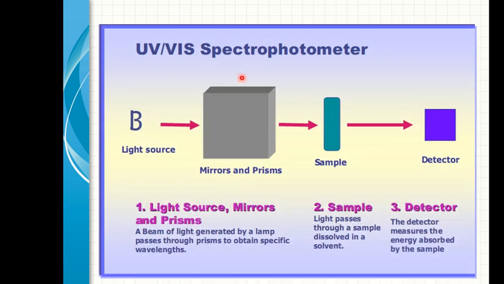This is the UV-visible spectrometer. This is the light source, this is a mirror or prism, this is the sample, and this is the detector. The light source is a beam of light generated by a lamp, passing through a prism to obtain specific wavelengths. The source can produce a different range of energy, and we use a mirror or prism to select specific wavelengths, in this UV-visible range from 10 nanometers to 800 nanometers, to be passed through the sample.